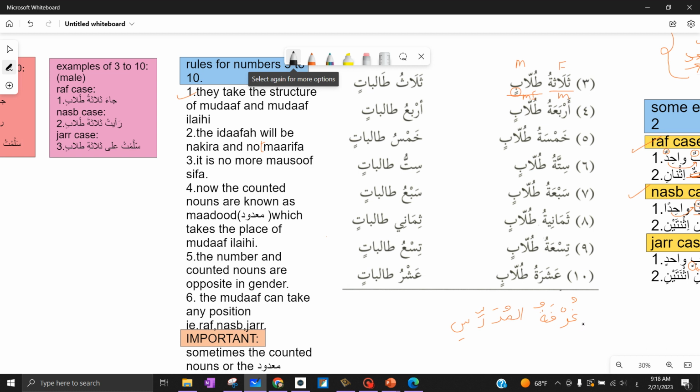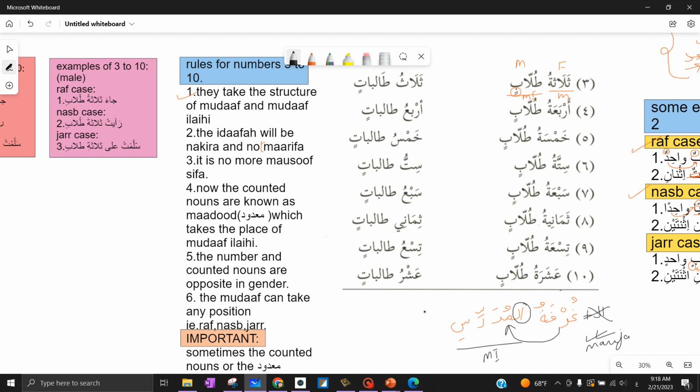We all know in mudaf and mudaf ilayhi the mudaf cannot have an al, it's totally wrong. And the mudaf ilayhi has an al. If the mudaf ilayhi has al, that means this idafa construction is marifa, because if this noun is attached with a marifa noun, that means this noun also becomes marifa. So in this case, this idafa construction is a marifa.